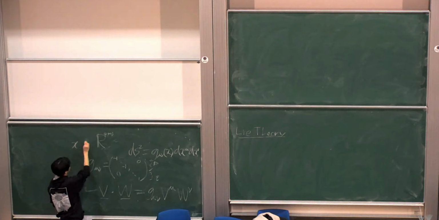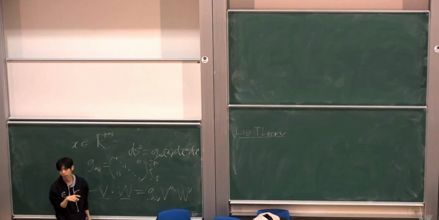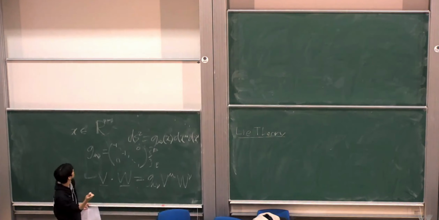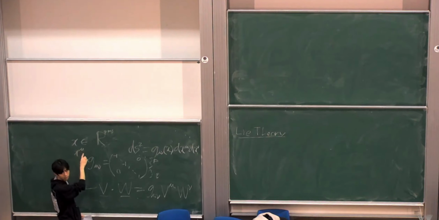X is an element of this space, and this is how you specify where you are in the space. So this is the coordinate. x mu is the mu-th component of the vector x.